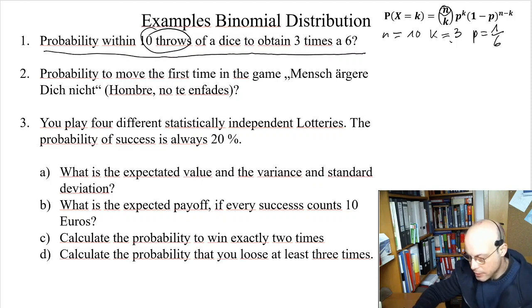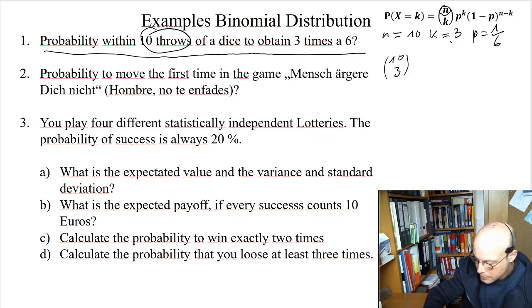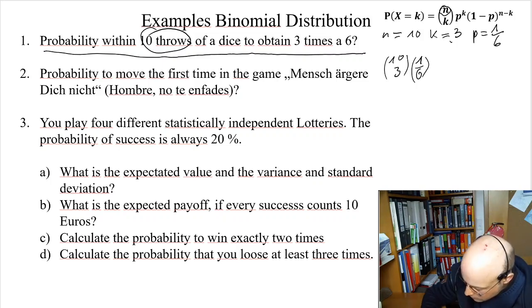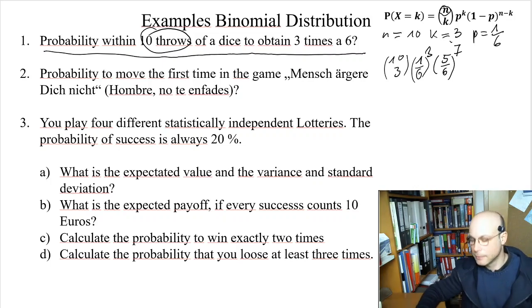And then we just put it in. We have 10 over 3 times 1 over 6 to the power of 3 times 5 over 6 to the power of 7.